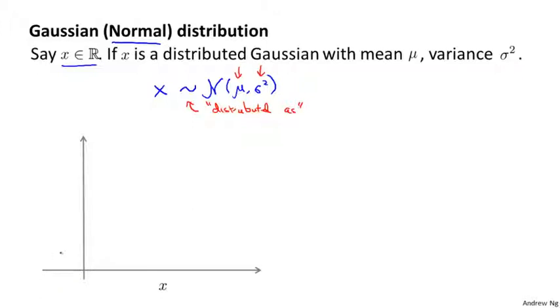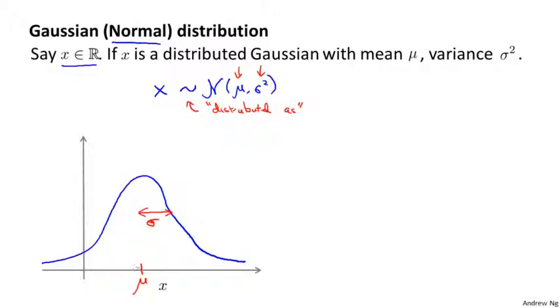If we plot the Gaussian distribution, the Gaussian probability density, it'll look like the bell-shaped curve, which you may have seen before. This bell-shaped curve is parameterized by those two parameters, mu and sigma, and the location, or the center of this bell-shaped curve is the mean mu, and the width of this bell-shaped curve, so roughly that, is this parameter sigma, also called one standard deviation.